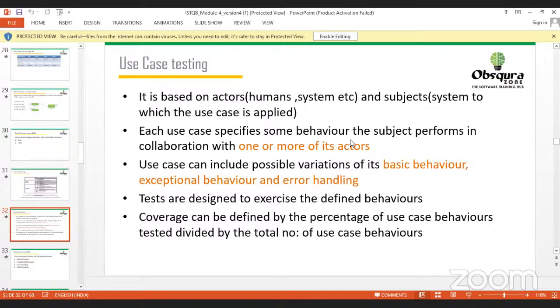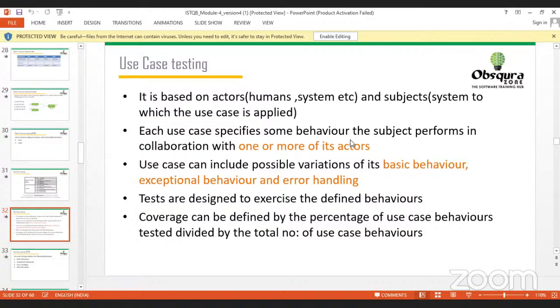Each use case specifies some behavior the subject performs in collaboration with one or more of its actors. That is what I mentioned now. So the system behavior can vary based on the actors. Actors means the users. If it is a normal person who wants to withdraw money, then he can do that. If it is some system admin or banking officials, they have to access the system, and it will behave in a different way for them.